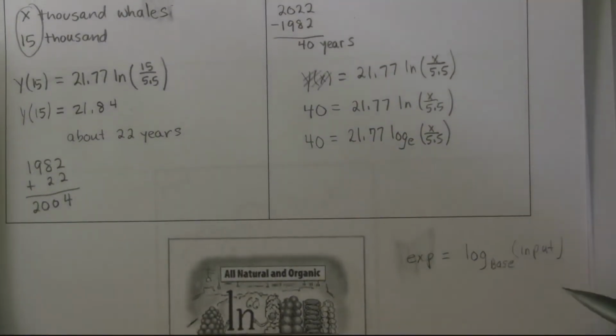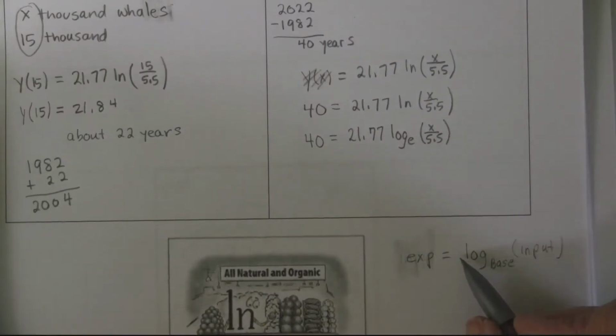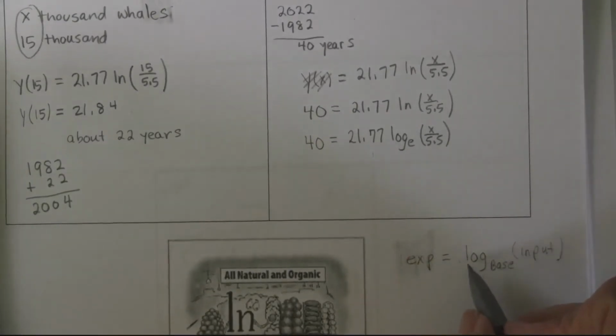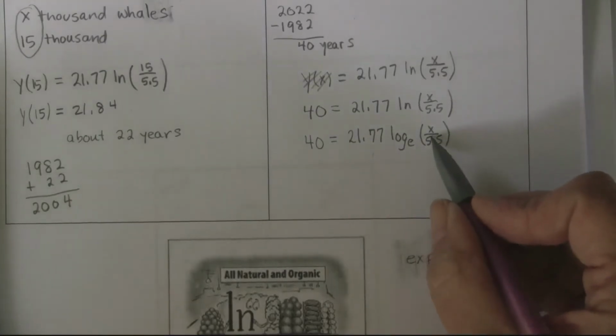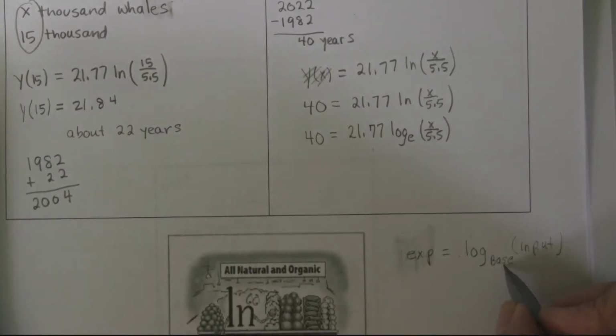So the natural log is the same as log base E. And what's not allowed is a coefficient right here in front of your logarithm. The 21.77 is what's extra. The input is X divided by 5.5, so that's okay. The base is E, and that's okay.